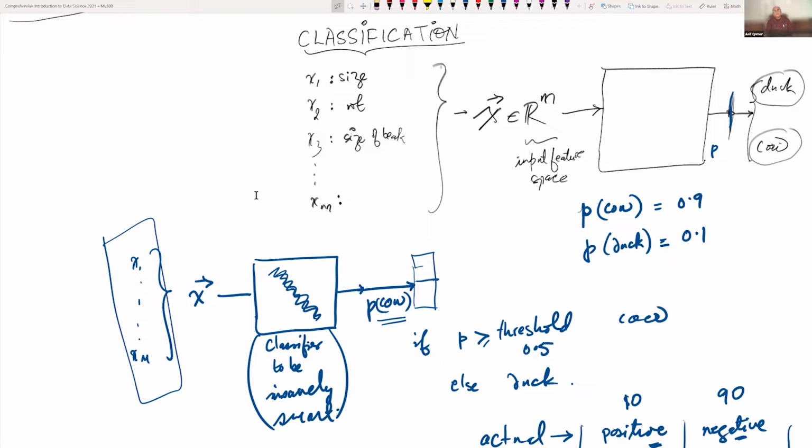So you will end up with a lot of false positives, but that is a worthwhile price to pay, because if you get a false positive, the worst that would happen is the person would go through further tests and then it would turn out the person is quite healthy. On the other hand, if you miss a positive case, then time is the enemy. The untreated cancer can get to the higher stages where it is far more expensive, both in terms of medical care and in terms of human suffering, to bring the person back. So it all depends on the context, okay, where you put the threshold.